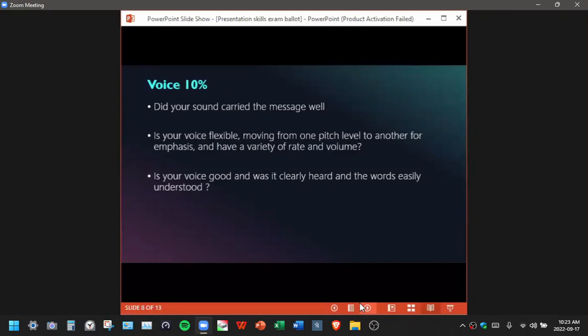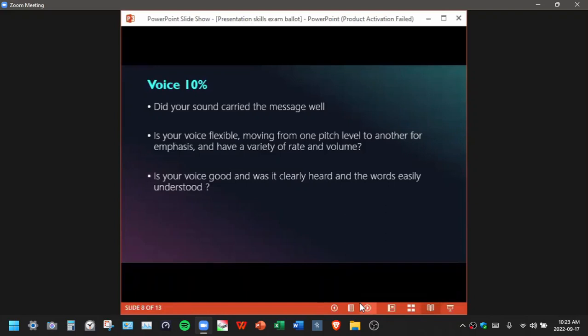And then the voice. So make sure you are well audible, and make sure that you are using some vocal variation techniques with the voice.